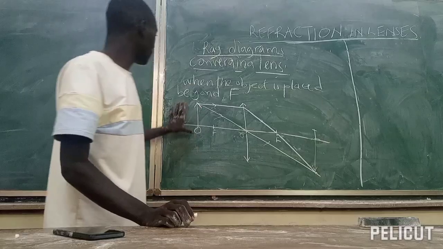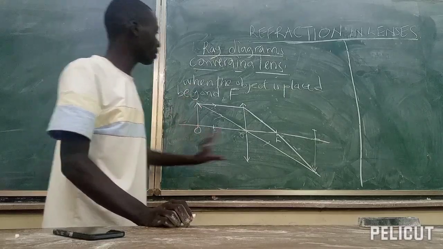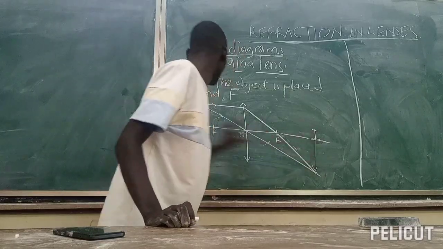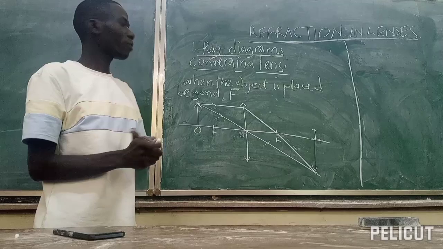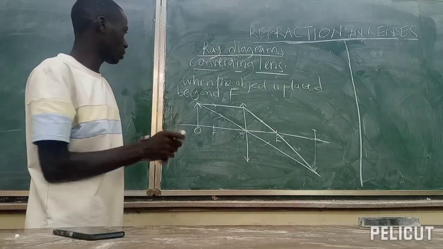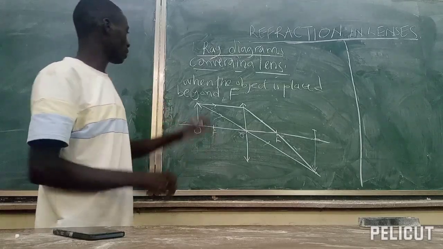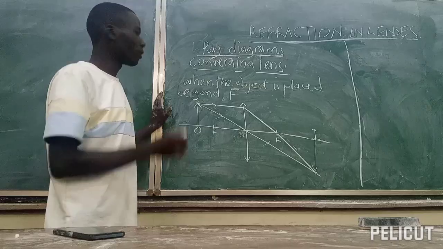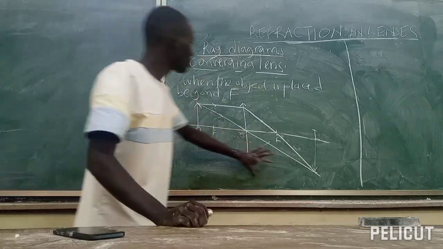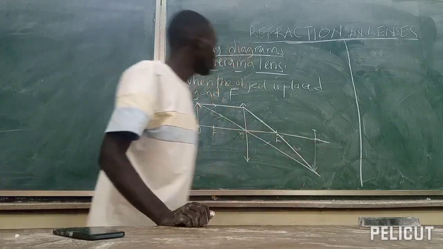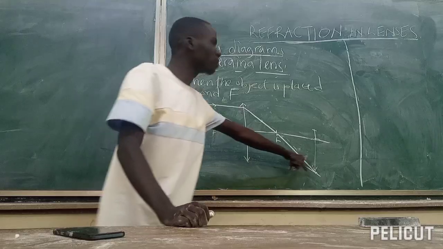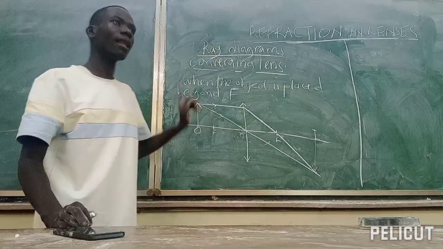You compare the size of the image and the size of the object. When you're using a graph, it's easy to depict, and you can take measurements. Then you can say the position where the image is formed from the lens.